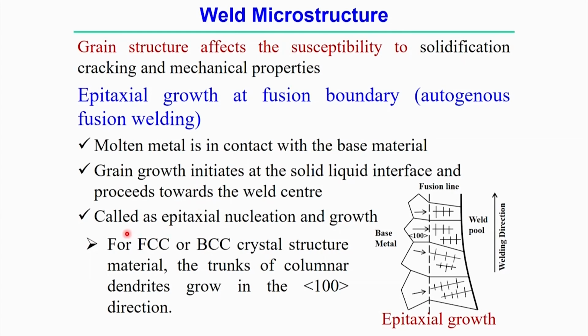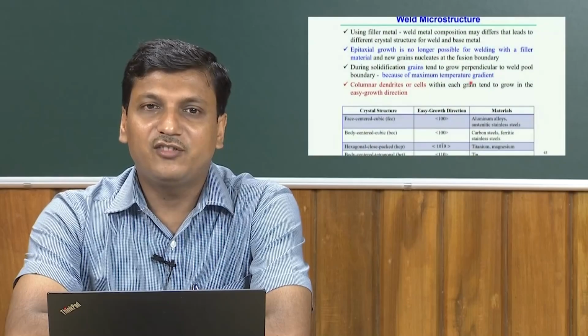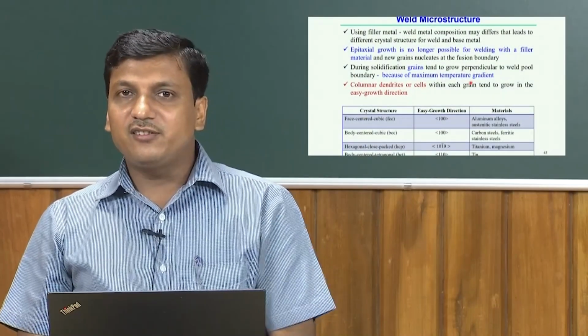So, FCC and BCC crystal structures have a columnar dendritic structure that actually grows in the 100 direction, the Miller index of this direction being 100. That is actually observed in the case of FCC and BCC materials. Now, if you use the filler material, then the weld metal composition changes, and that leads to a different crystal structure for the weld and the base metal.